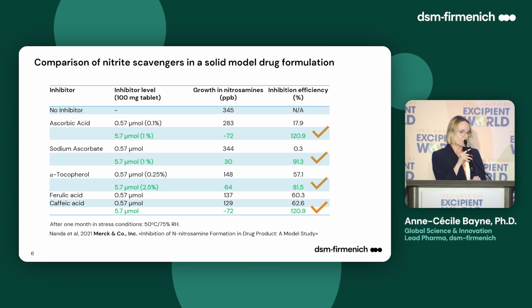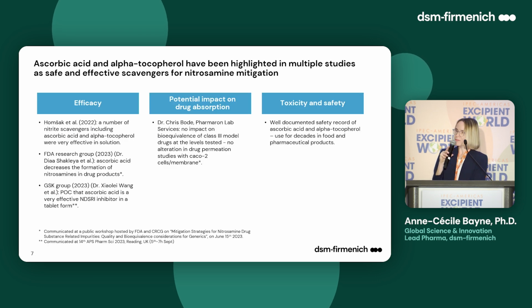This was for us the first time that we were seeing in a solid drug product the efficacy of those molecules in being able to bring down the level of nitrosamines under stress at 50 degrees C and 75% relative humidity. So this was very encouraging.